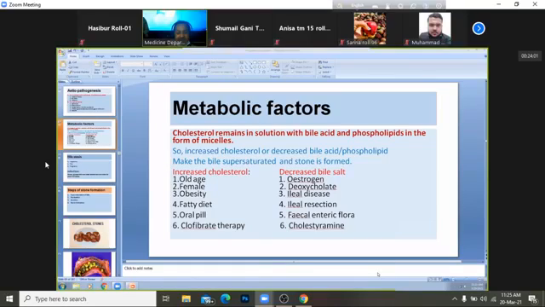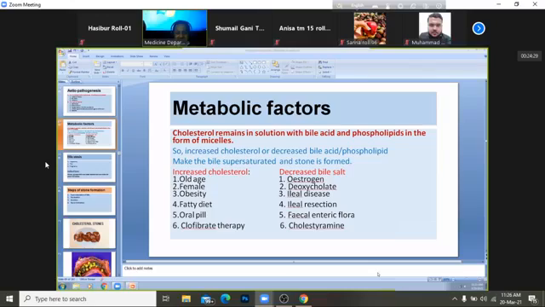But if there is ileal disease or ileal resection, the ileum is no longer available for reabsorption. In this condition, there will be loss of excess bile salt, fecal enteric flora, and cholestyramine therapy. So these are the conditions where there is decrease in the absolute amount of the bile salt.